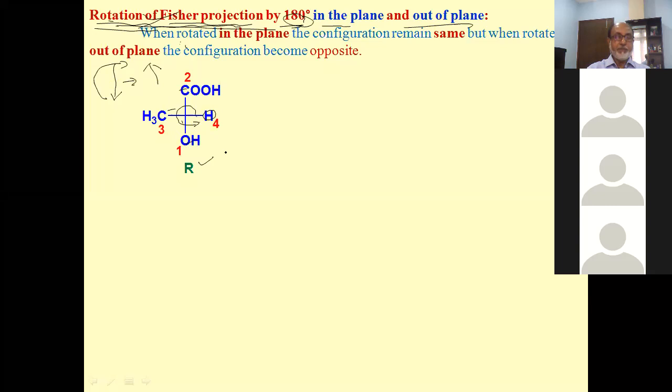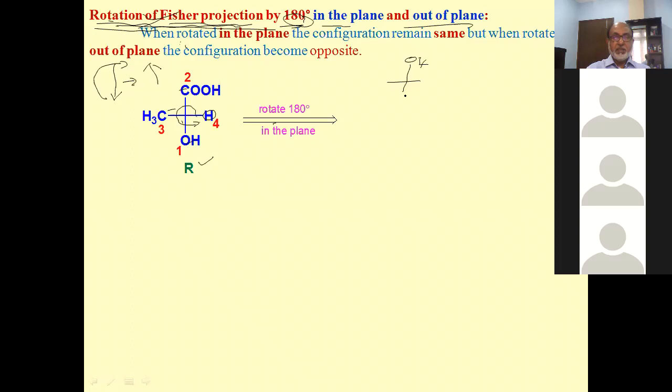Now, if I rotate the molecule 180 degree in the plane, what will that mean? That means OH will come here and COOH will be here, and H will be here.